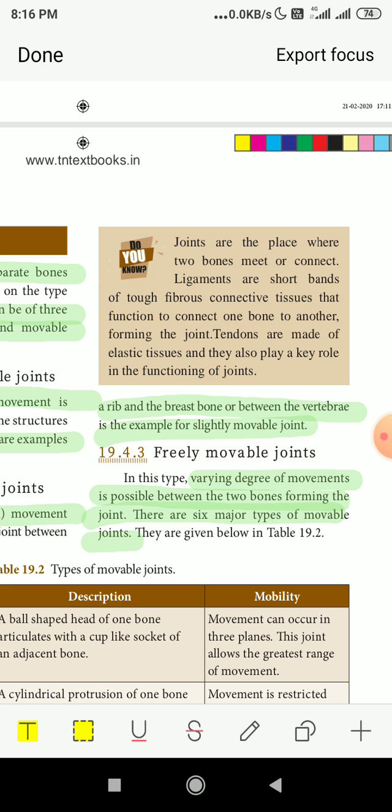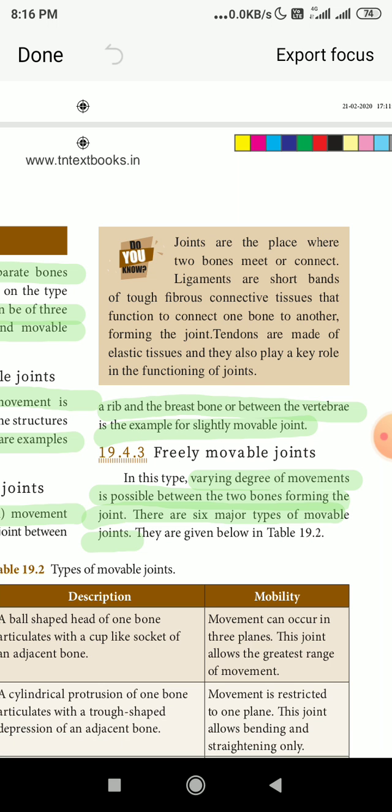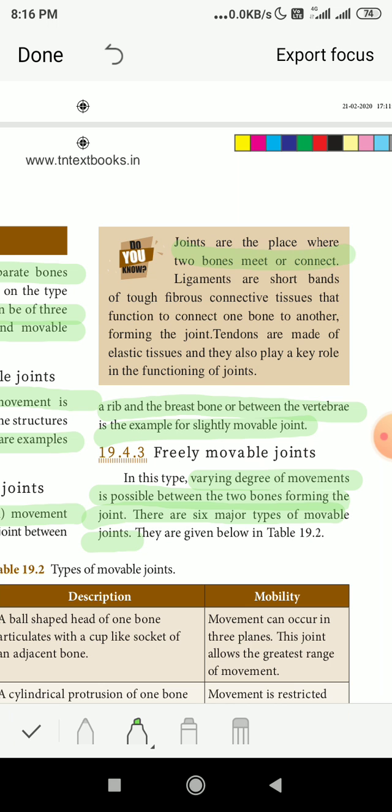First, let us go for the previous. Do you know? Joints are the place where two bones meet. Ligaments are short bands of tough fibrous connective tissue that function to connect one bone to another, forming the joints. So here the definitions are for joints, ligaments and tendons. Tendons are made up of elastic tissue and also play a key role in the functioning of the joints.